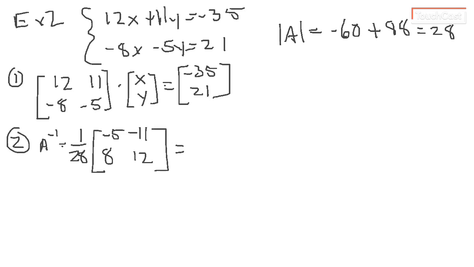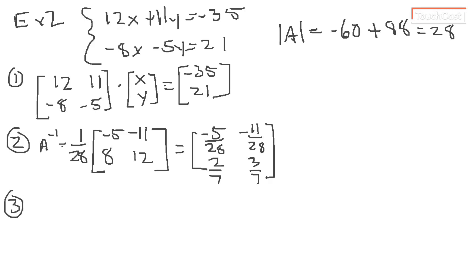So we're going to have negative 5 over 28 and negative 11 over 28. And then we're going to have 8 over 28, which we can actually simplify that one. Divide by 4, we'll get 2 over 7. And then 12 over 28, which again we can divide by 4, so we'll get 3 over 7. So we've got our inverse matrix.